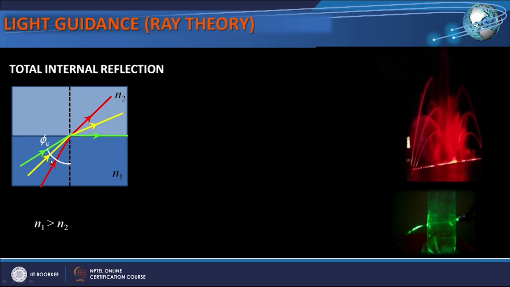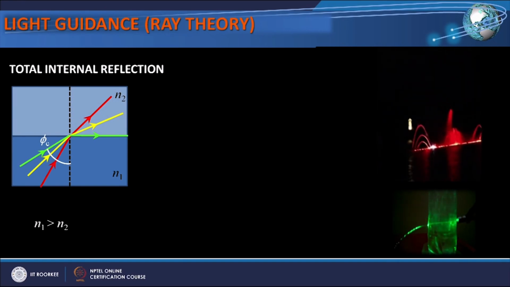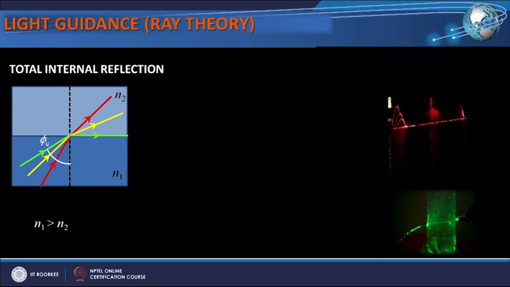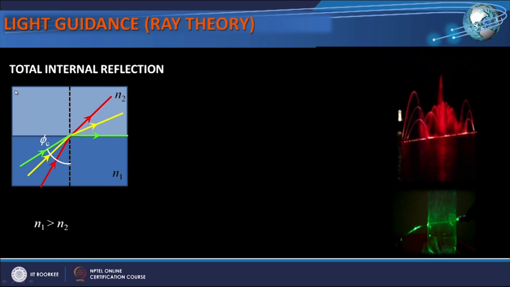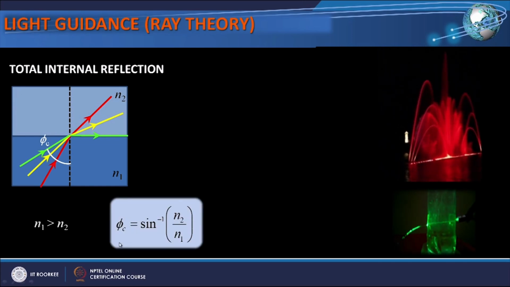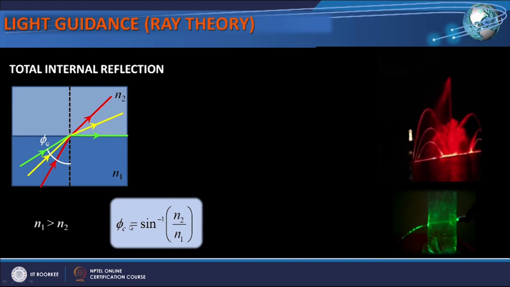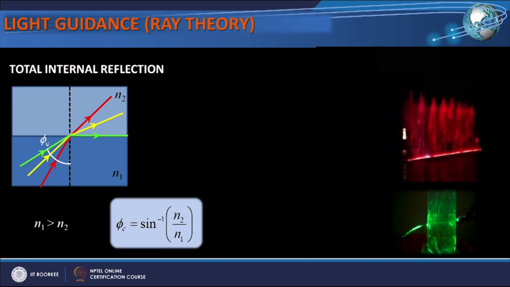If I increase the angle further, it will move further away from the normal, and at one particular angle phi c, this refracted ray basically grazes the interface between the two media. What is this phi c? This phi c is called the critical angle for total internal reflection, and it is given by sin inverse of n2 over n1.